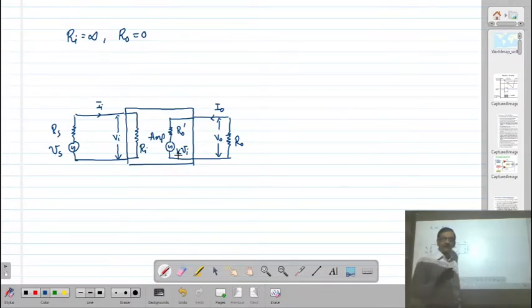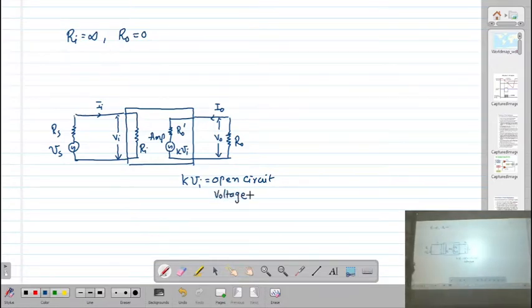Sometimes it is also known as the open circuit voltage. K into Vi is known as the open circuit voltage. Remember.